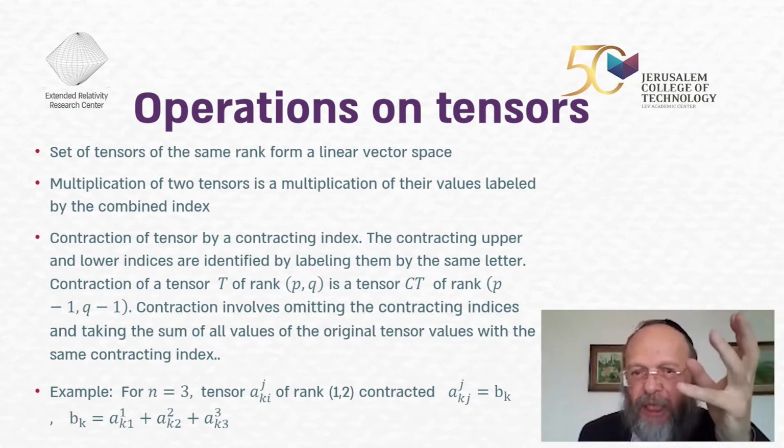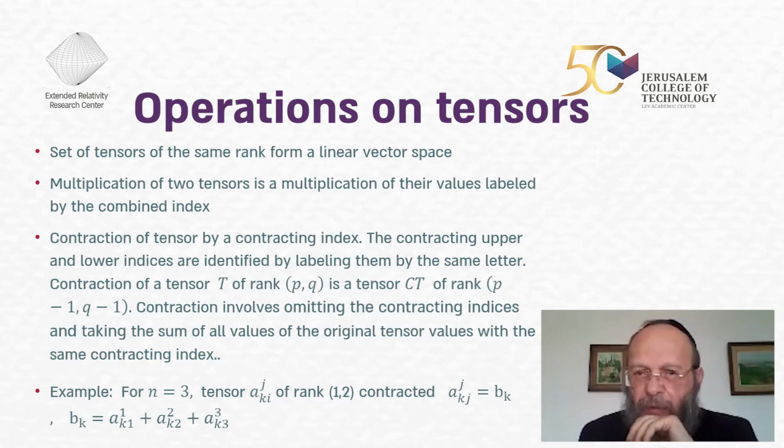So the rank went down both on the top and the bottom. What is the contraction? It involves omitting the contracting index and taking the sum of all values of the original tensor with the same contracting index. Let's take an example.